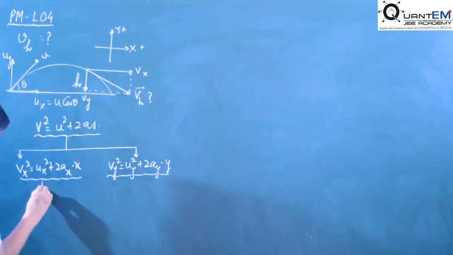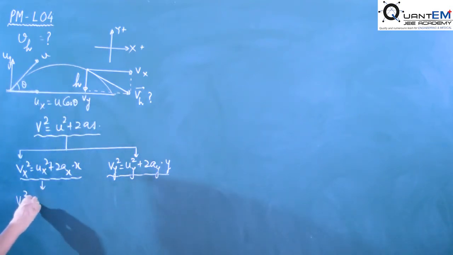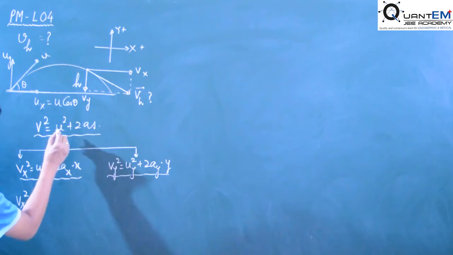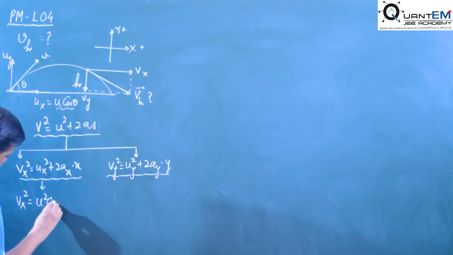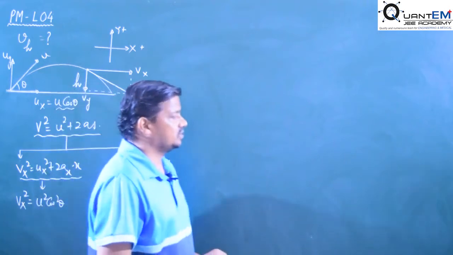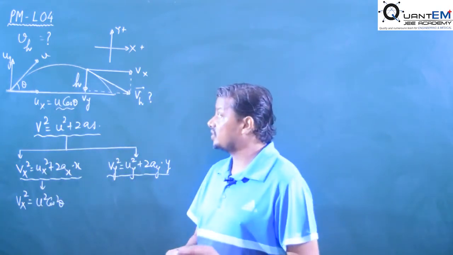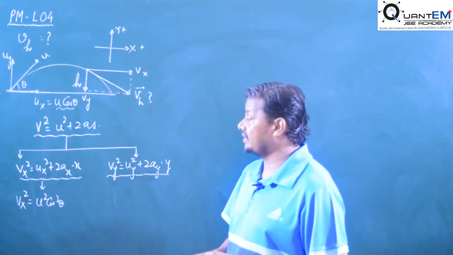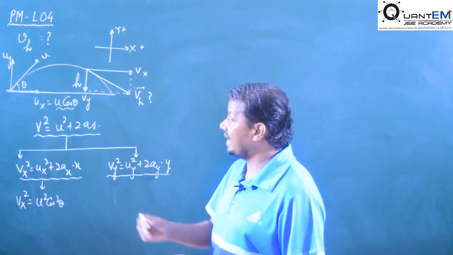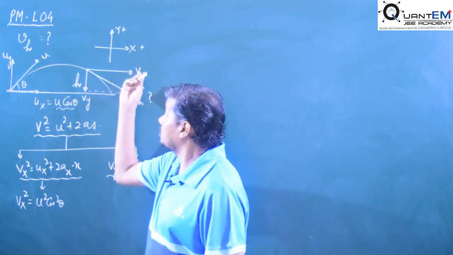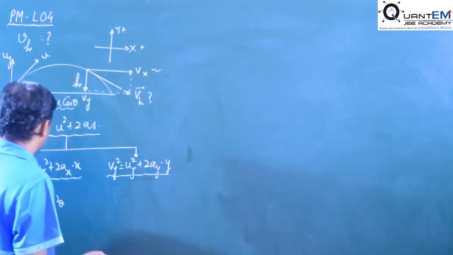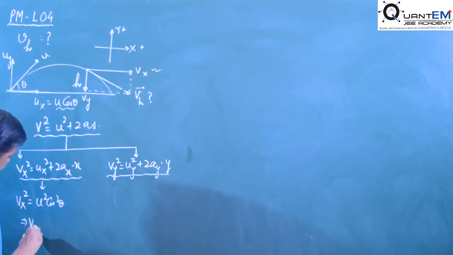Now for the x coordinate, ux is u cos theta. I have already told you that acceleration along the x coordinate is 0, so the velocity along the x coordinate remains constant. Means in the horizontal direction the velocity of the particle will be constant, at any time or at any position. That will be u cos theta, as acceleration is 0. So we get vx is equal to simply u cos theta.